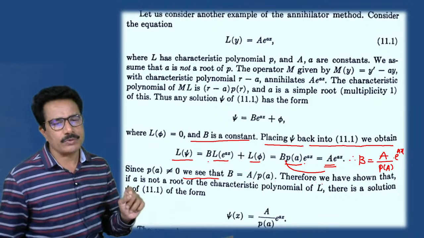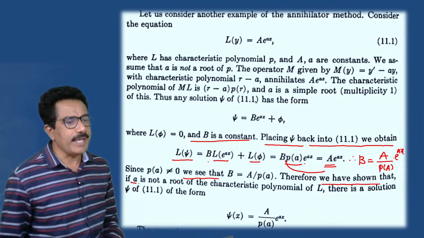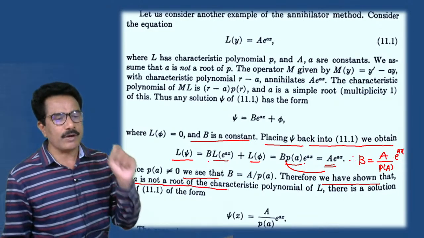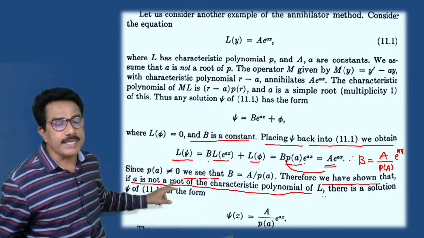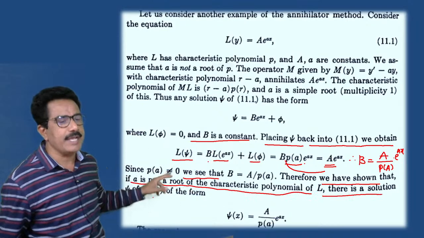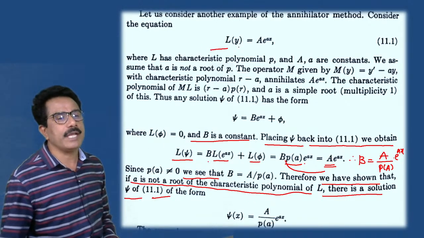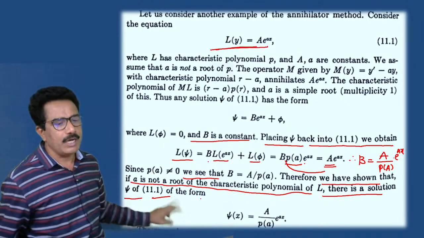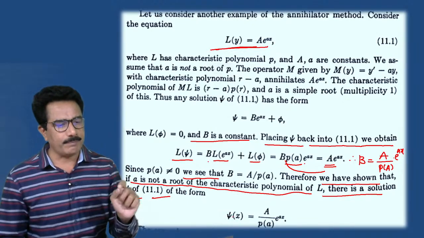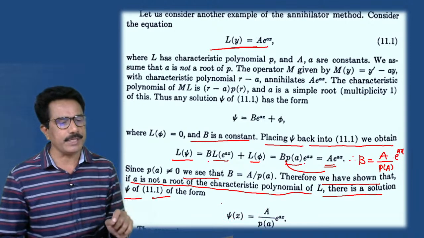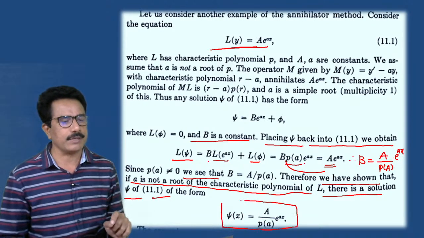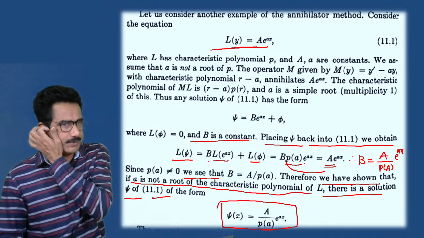Therefore we have shown that if a is not a root of the characteristic polynomial, there is a solution psi of equation 11.1 of the form psi of x equals A divided by p of a into e raised to ax. This is the required solution.